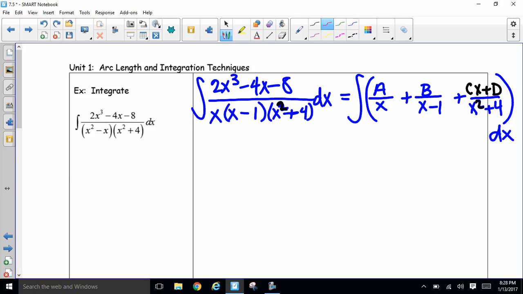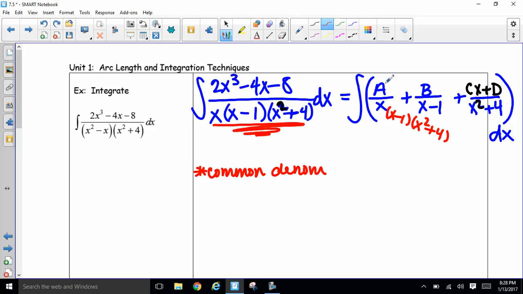Okay, then we want to get common denominators. So we go up and say, okay, this is my common denominator. What's missing from the A over x? Well, it's missing the x minus 1 and the x squared plus 4. And I have to change the top and bottom because I have to keep it balanced.